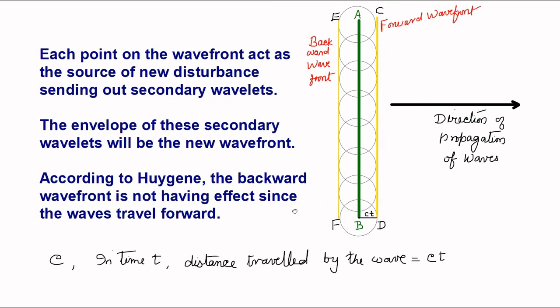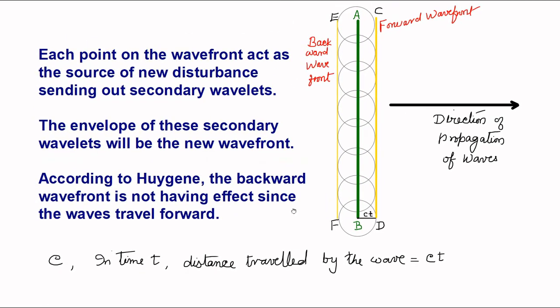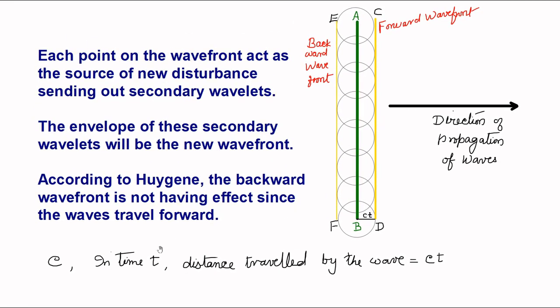Let c be the velocity of light or velocity of wave. In time t, the distance travelled by the wave equals c into t. If B is a point on the wavefront AB, in time t seconds, the disturbance travels through a distance ct.